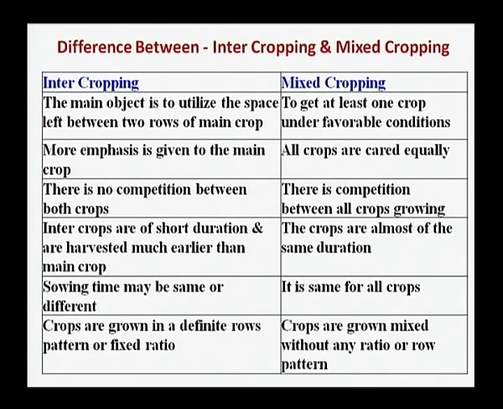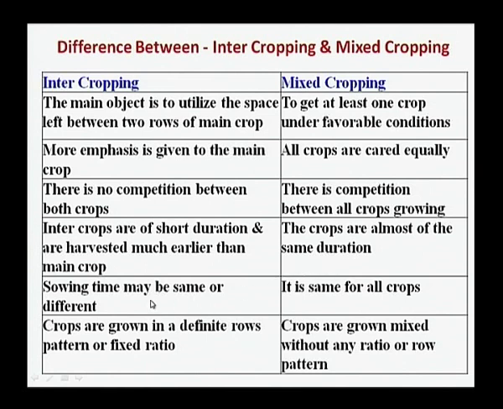In intercropping there is no competition between both crops, whereas in mixed cropping there is competition between all the crops growing. In intercropping, the duration of the intercrop is shorter and it is harvested much earlier than the main crop, whereas in mixed cropping the duration of all the crops is almost the same.